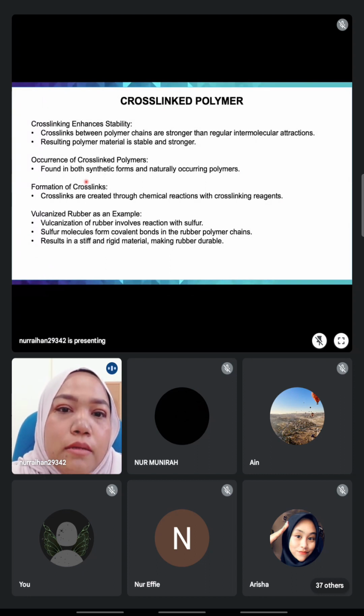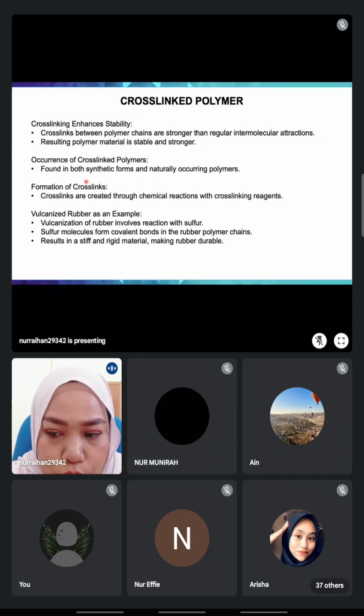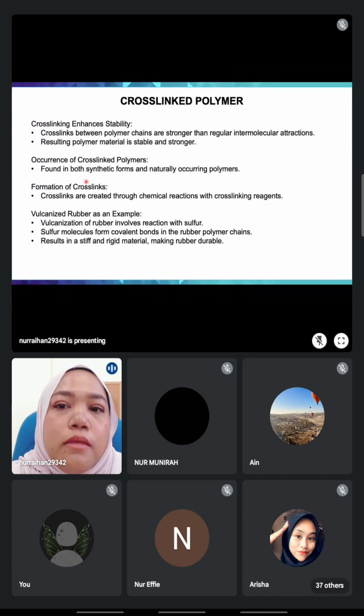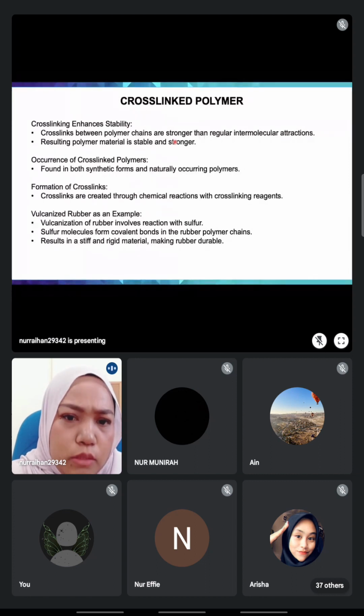But for the crosslink polymer, they have a very strong linkage, strong bonding, compared to the other intermolecular attraction. And the crosslink polymer causes the polymer to be very stable and also stronger. You require an extra high energy to alter that polymer.